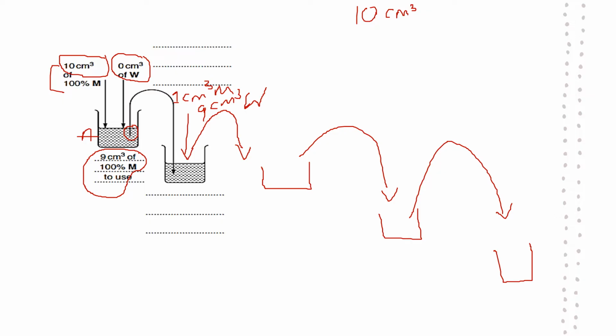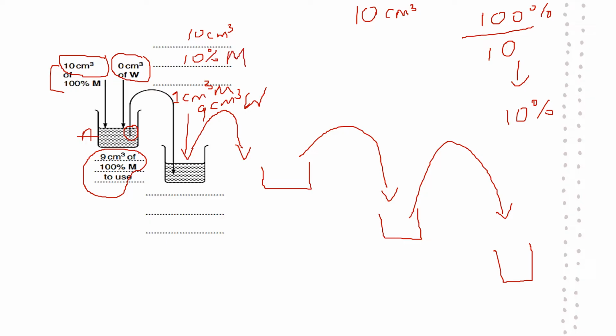And remember what they said is that the concentration reduces by a factor of 10. A good way to think about that is to say, if I'm starting with 100% and I'm reducing by a factor of 10, it means that you divide it by 10, and so the next concentration is actually 10%. I hope that makes sense. So over here you have 10 cubic centimeters of 10% M.